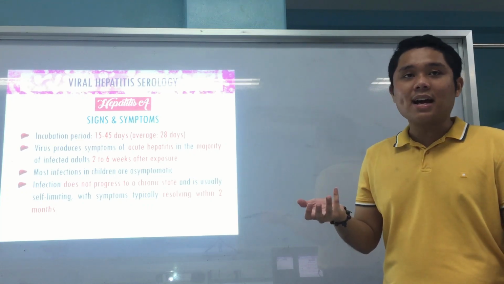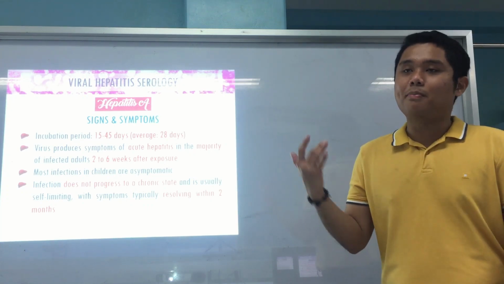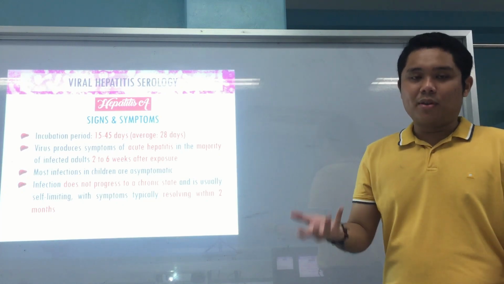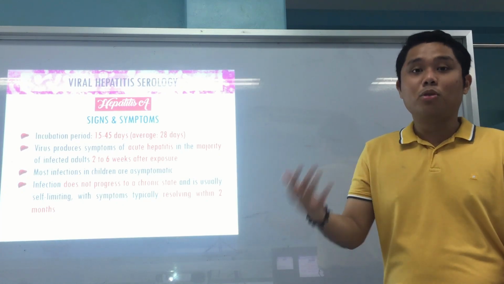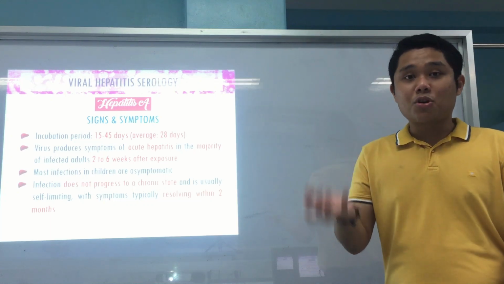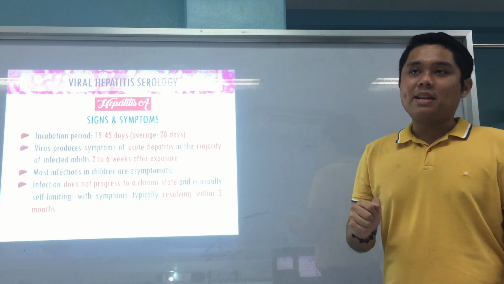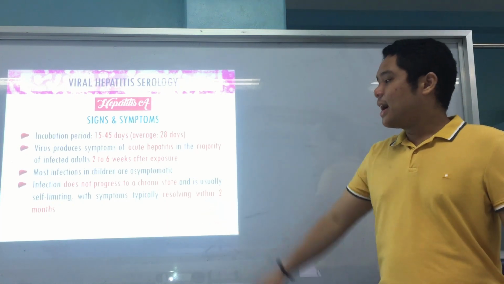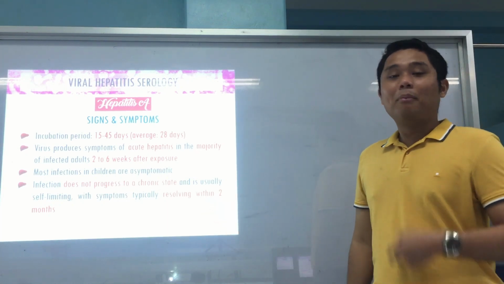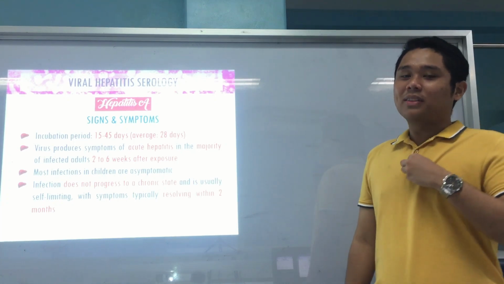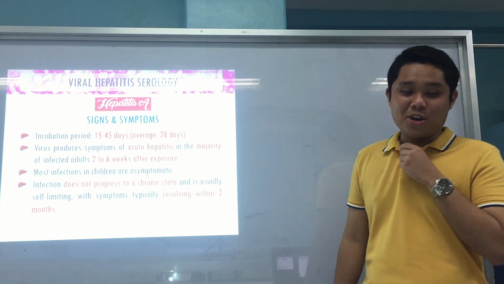The treatment for the patient is supportive: bed rest, eating healthy food, vitamins, basically boosting the immune system. It does not progress to chronic forms, which is a good thing. You get better within 2 months. But it does not mean you should get hepatitis A. Always protect yourself and be careful with the food you eat.